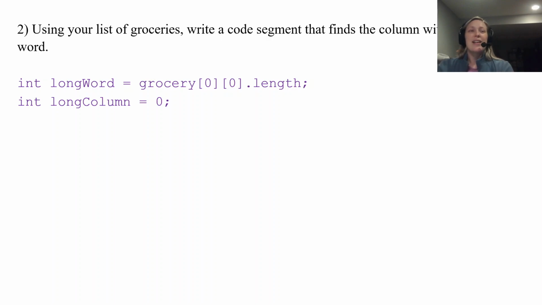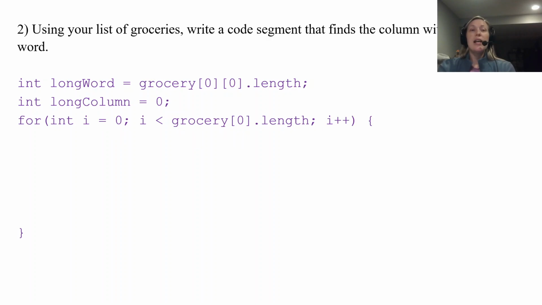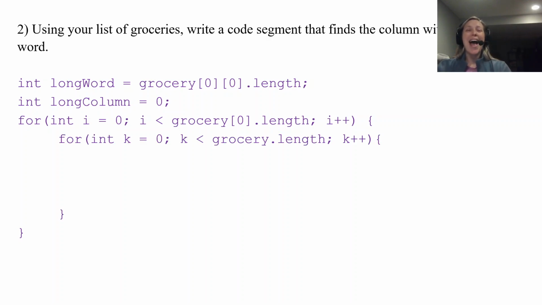Okay, I'm going to have an integer keeping track of long column. So what column is this longest word in? I'm going to loop through in column major because that is what I decided I wanted to do. Okay, so my outer loop, I, is going to control my columns, and my inner loop, K, is going to control my rows.